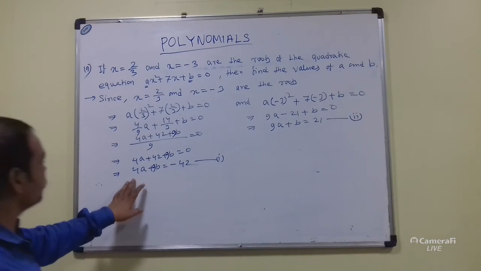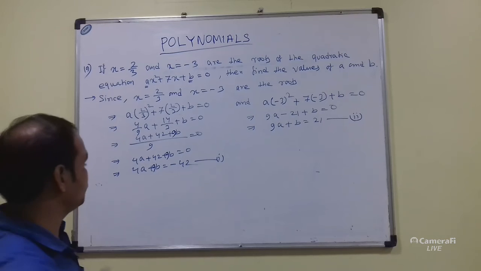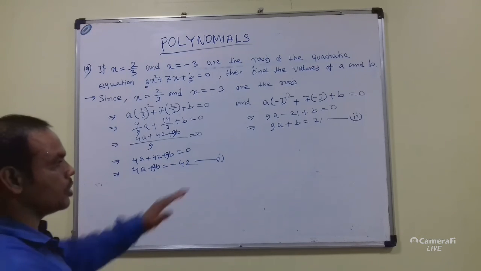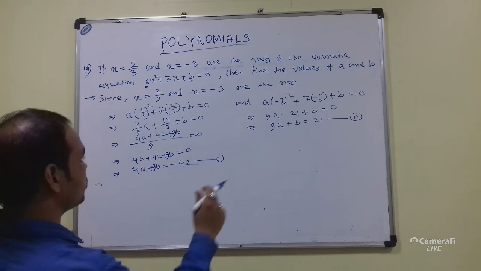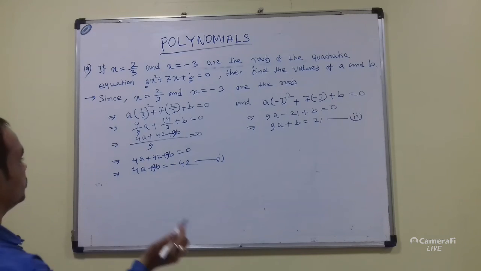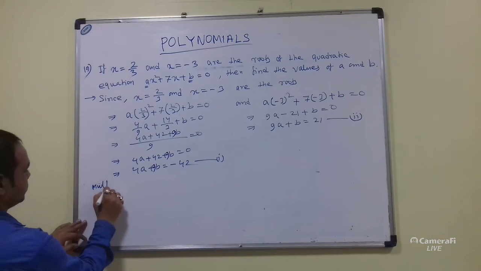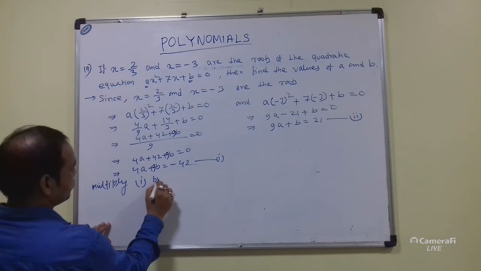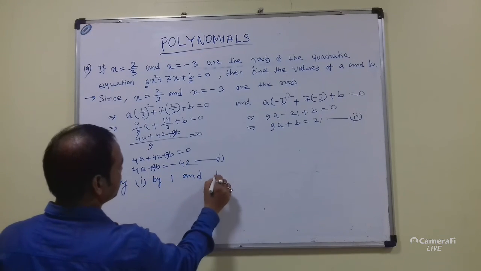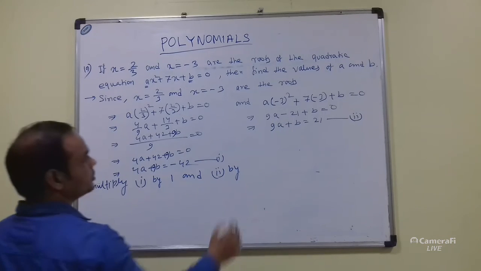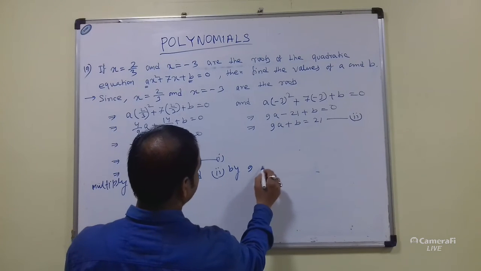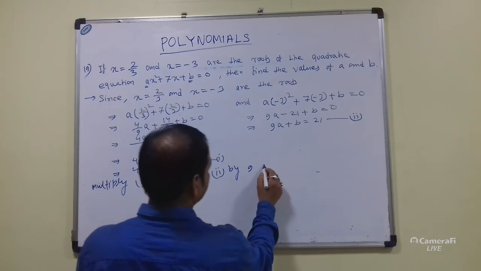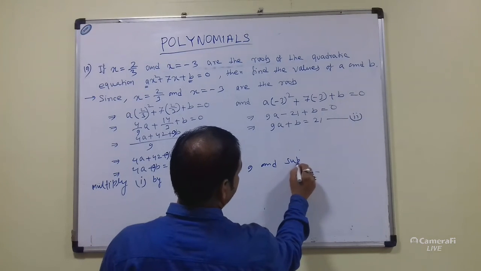It should be 4a plus 9b is equal to minus 42. So now we have to solve it by elimination method. So at first we have to multiply equation 1 by 1 and equation 2 by 9 and subtract.